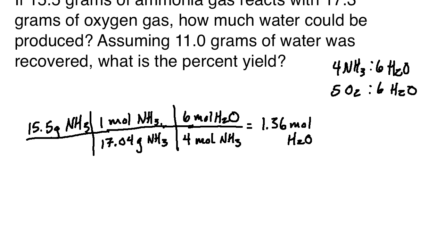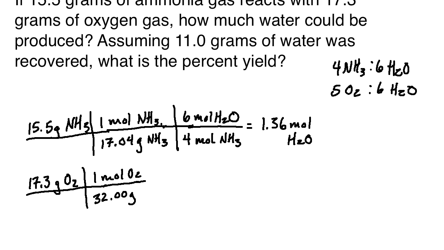All right. Now, I also need to compare the O2. For the O2, I had 17.3 grams of O2 gas. In this case, 1 mole of O2 gas is going to be, now keep in mind it's O2, so you shouldn't have 16 down here. You want 32 because you need to double it up, just like the hydrogen, which was another one of the diatomics. Grams of O2.